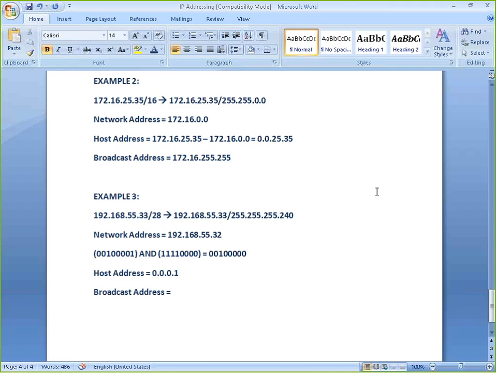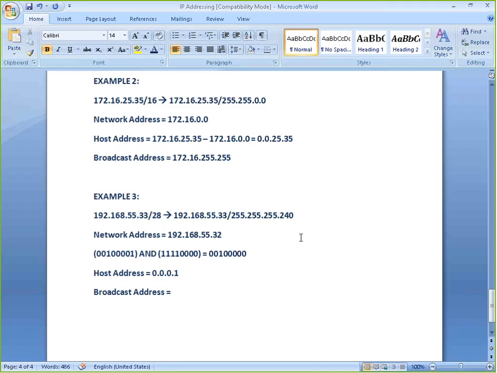Now for that you first of all need to know how many network bits and how many host bits there are. So can you tell me how many bits according to this example are the network bits and how many bits are the host bits? How many network bits and how many host bits?